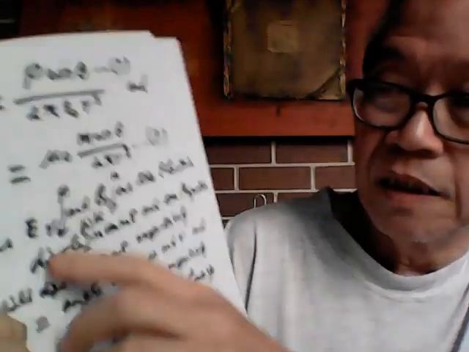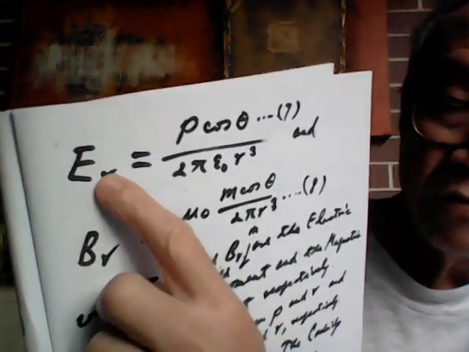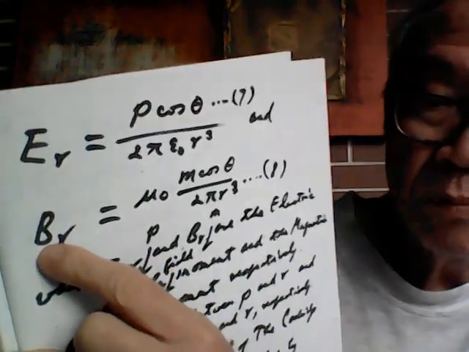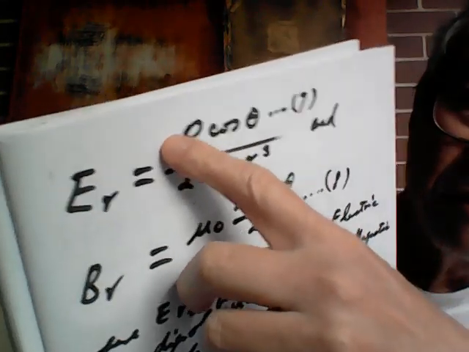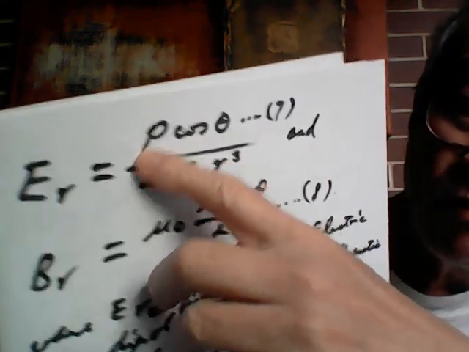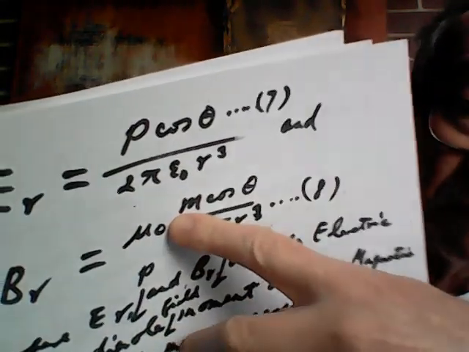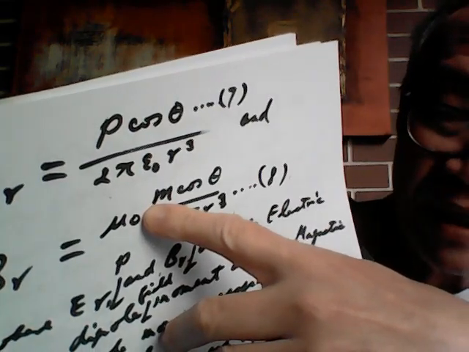ER represents the electric field, BR represents the magnetic field, P represents the electric dipole moment, and M represents the magnetic dipole moment.